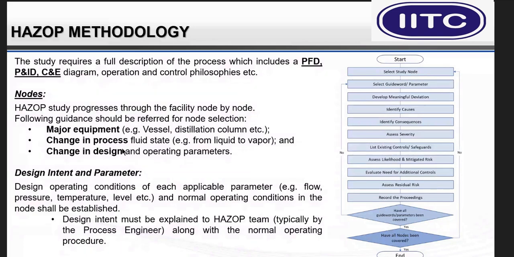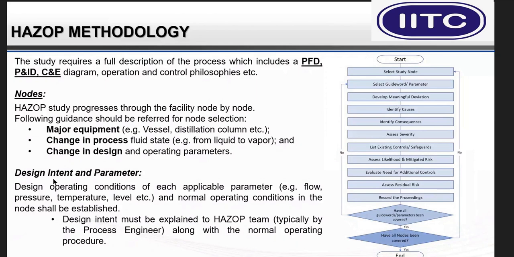If there is any change in process, we also have to see the process specification changes to identify a suitable node boundary. And then we have to see the design condition. If design conditions like pressure and temperature are changing, then we have to divide the node accordingly. So these are the three parameters to identify the node.